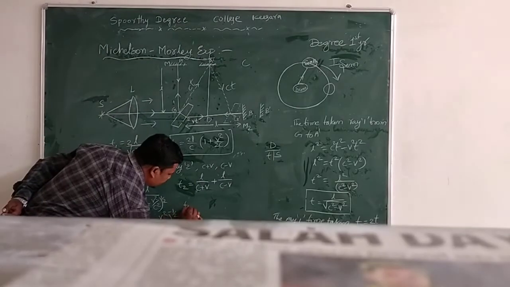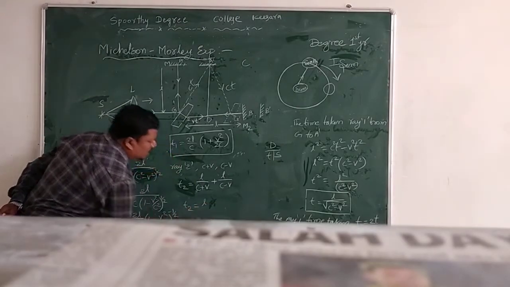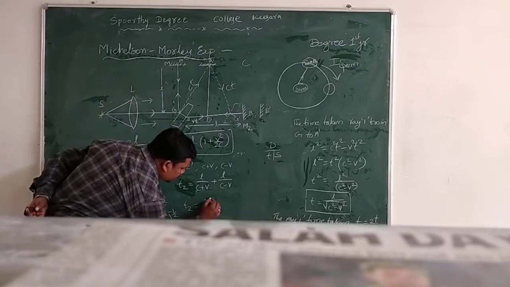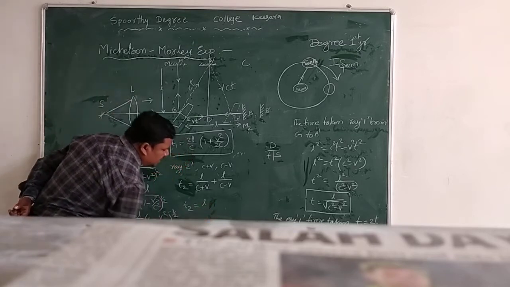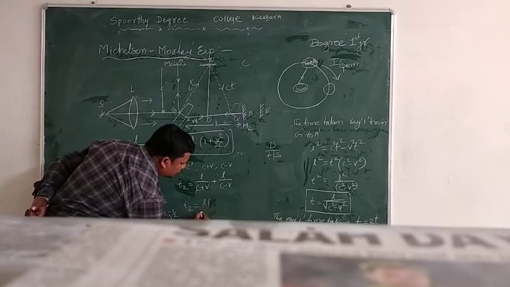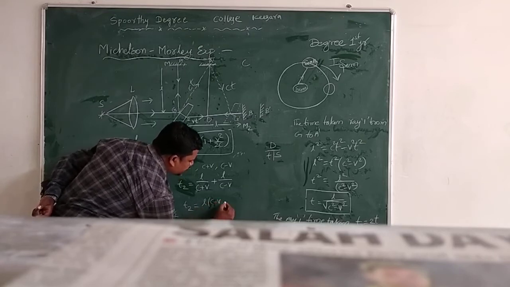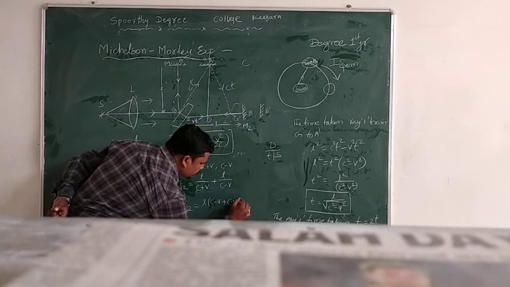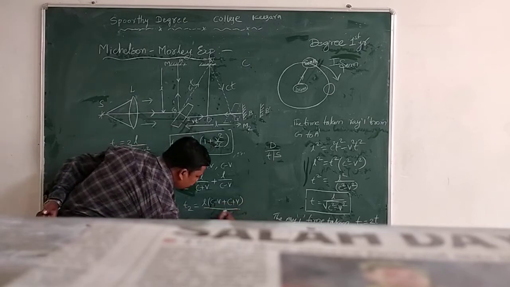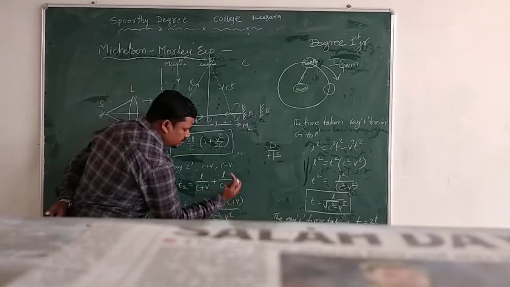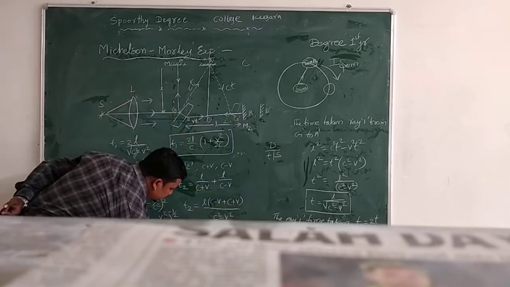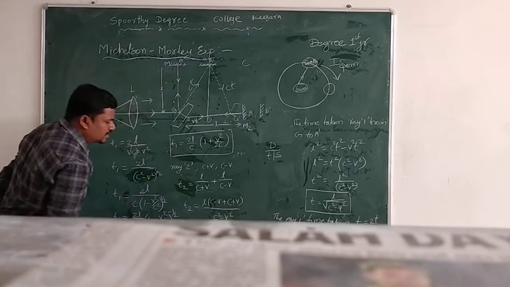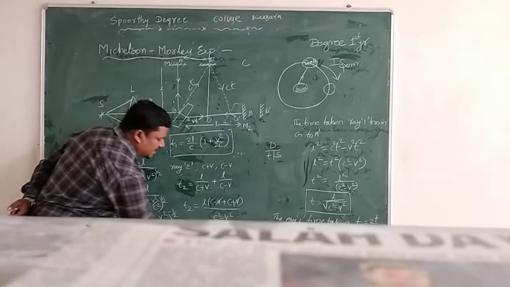Then T2 equal to L into, take L as common, C minus V plus C plus V by C square minus V square, A plus B into A minus B. Then T2 equal to, here minus V plus V cancel.